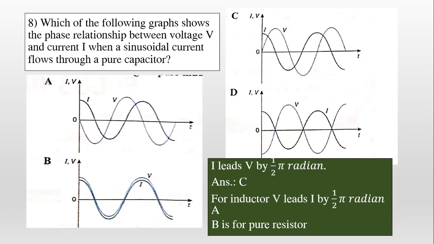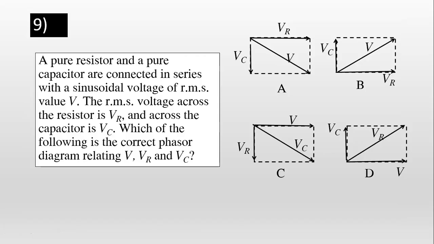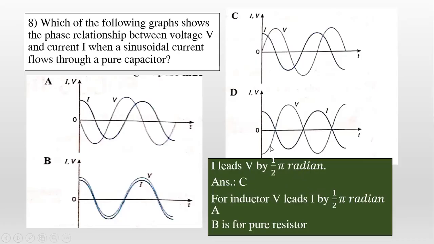This one you know how to read. So yeah, all right. No need to use formula. You can use formula, but no point. Nothing to memorize, huh? Memorize this one here. For capacitor, I leads V by 90 degrees. So you just look at a common point. This one is the maximum there.